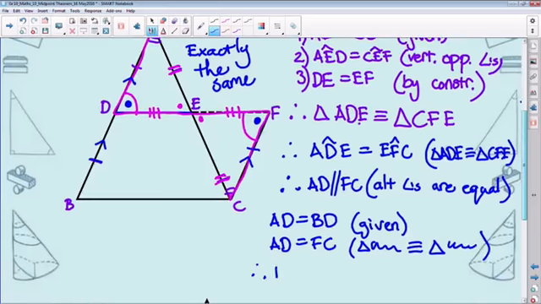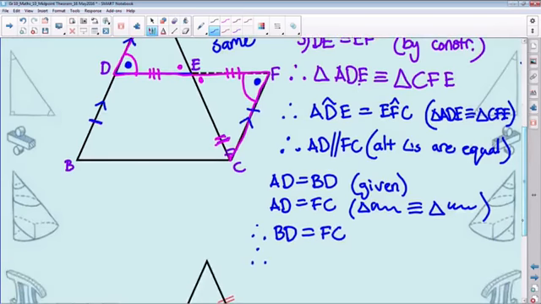Therefore, BD is equal to FC. And therefore, BDFC is a palm. Palm is the abbreviation for a parallelogram.